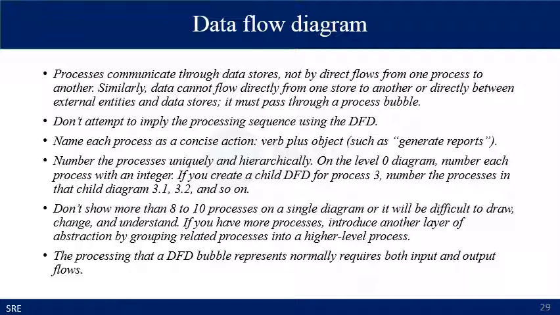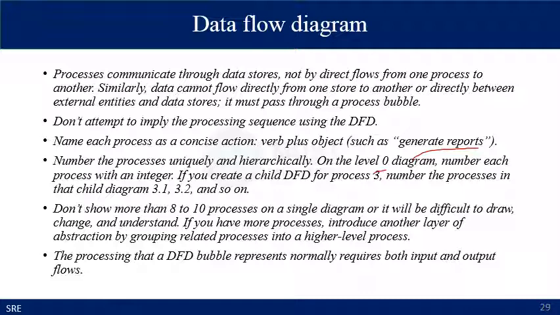You should name each process with a concise action, a verb plus an object, such as generate reports. Number the processes using the level of the diagram, for example, level 0, level 1, level 2 diagrams.